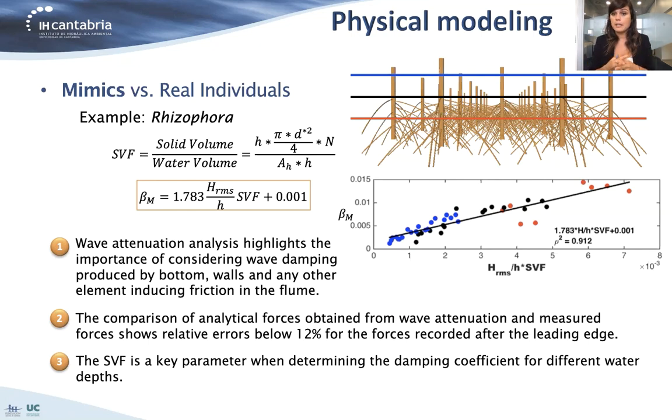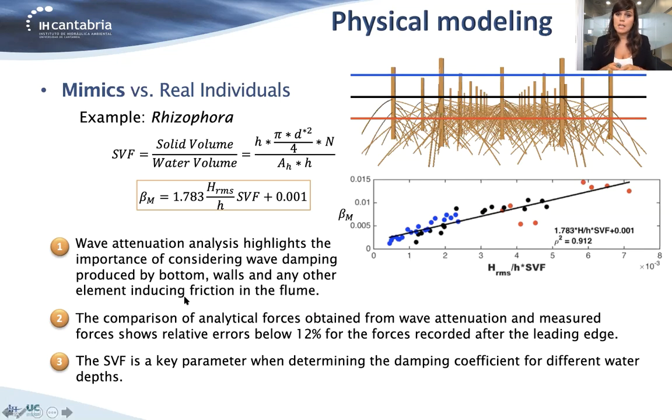Second, the wave damping coefficient obtained after subtracting the bottom and walls friction allows us to easily get an estimation of the drag force with a maximum relative error of 12% between that analytical solution and the forces measured in the lab. This facilitates the estimation of this force since wave decay is much easier to quantify than drag forces.